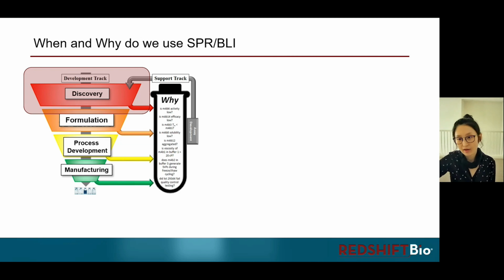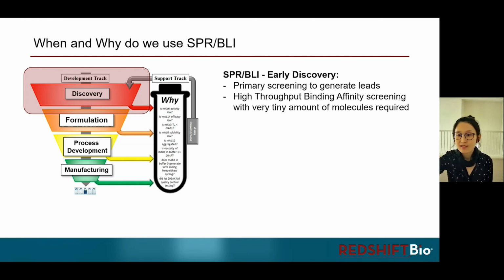Since in early discovery, there are usually so many molecule candidates to be screened that a high throughput technology is a must. So SPR or BLI is essential here.